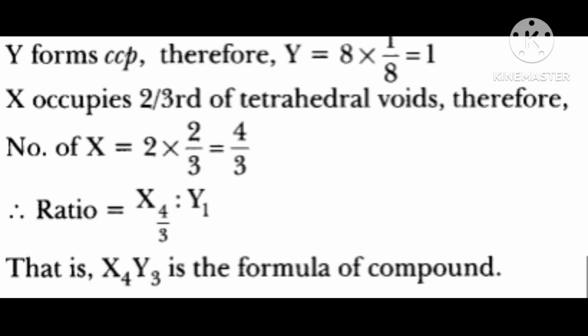Hence the ratio of the number of atoms of A and B is 2 into 2/3, because tetrahedral voids will be double, so you multiply 2/3 by 2.